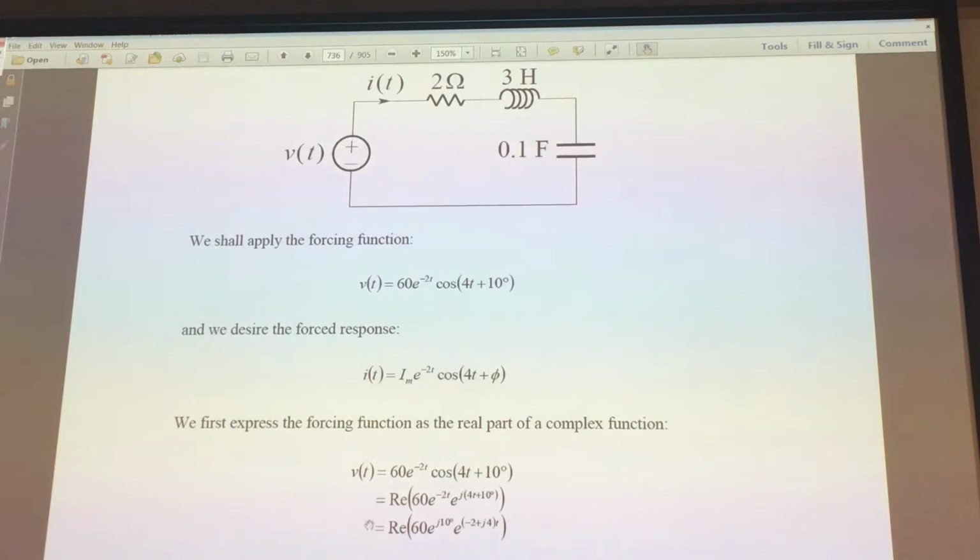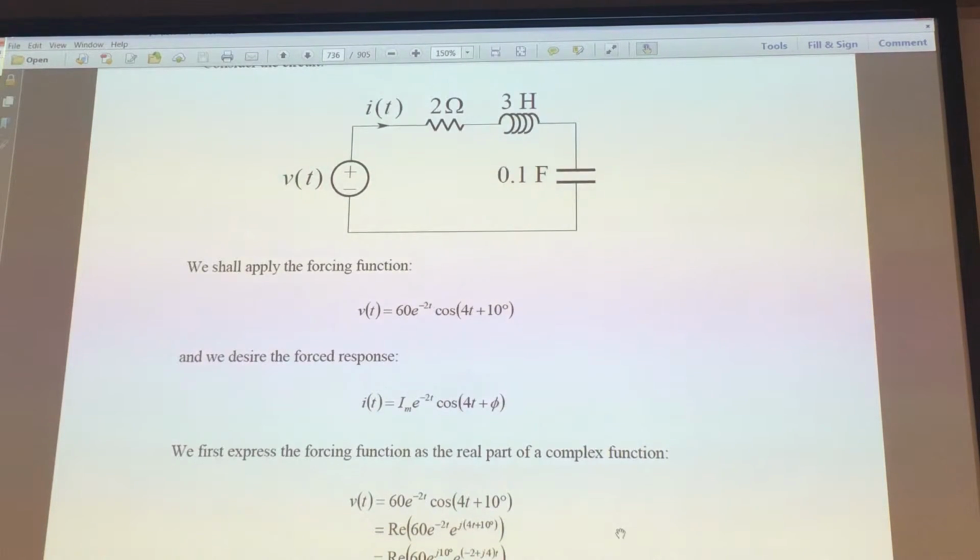Well, first we can express the forcing function, or just the real part, as a real part of a complex function, when instead of cos here, we have this e^(j(omega t plus phase)), okay, which was 10.